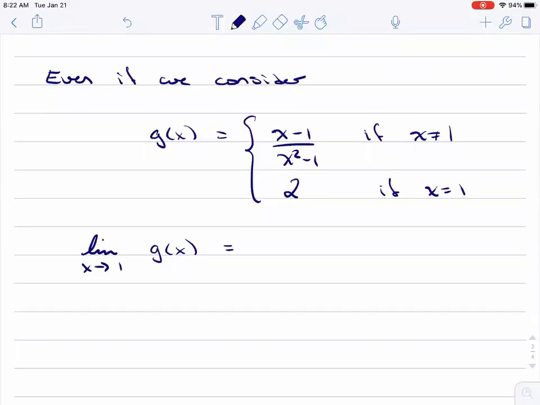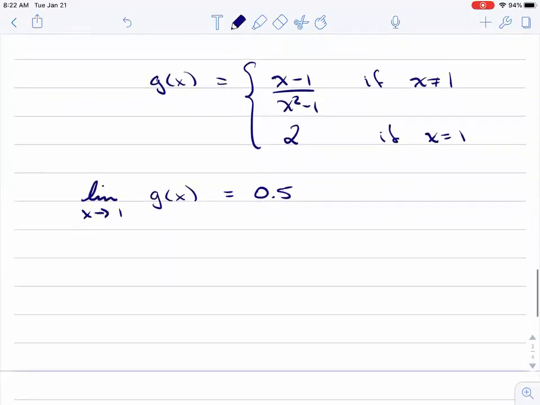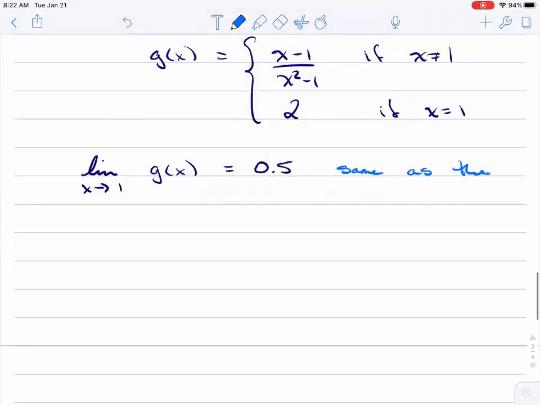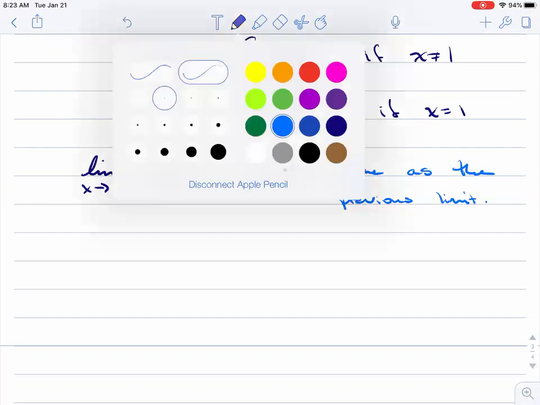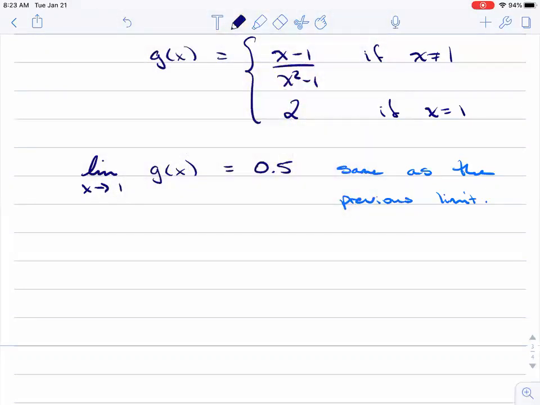So this is still going to be 0.5, and this is the same as the previous limit. So that's going to be important to remember. Okay.